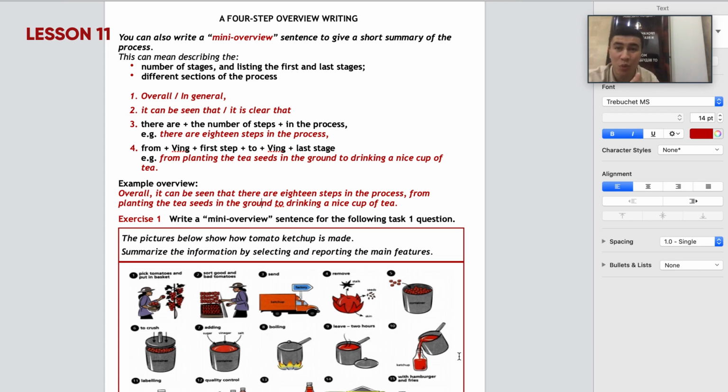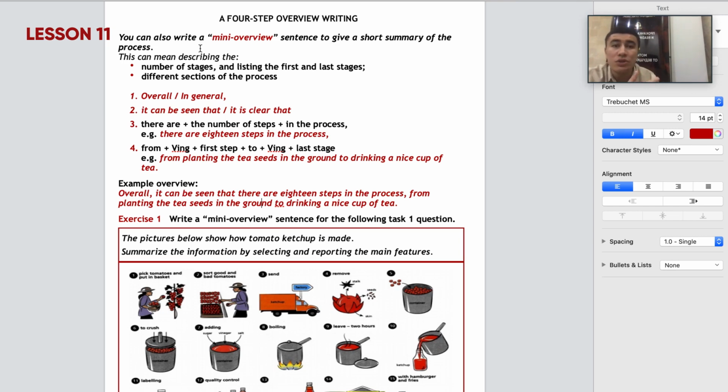component of your report, which is an overview. And of course, here we will consider a 4-step overview writing technique. You can write a mini overview sentence to give a short summary of the process. This can mean describing the number of stages and listing the first and last stage, different sections of the process as well.